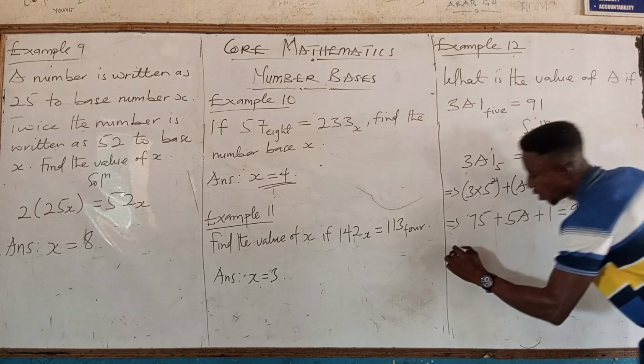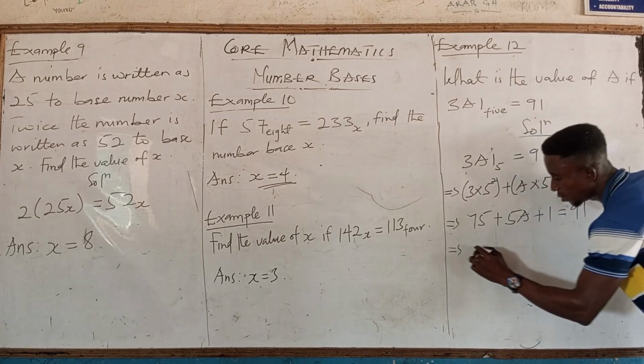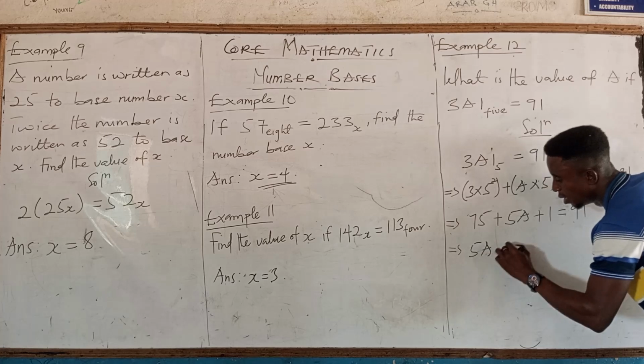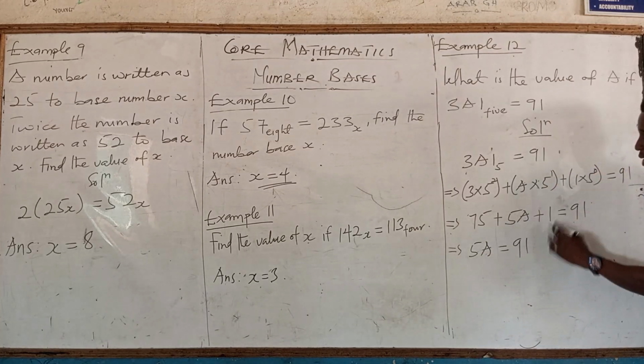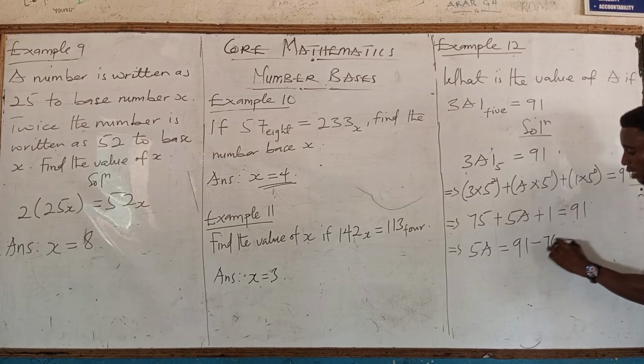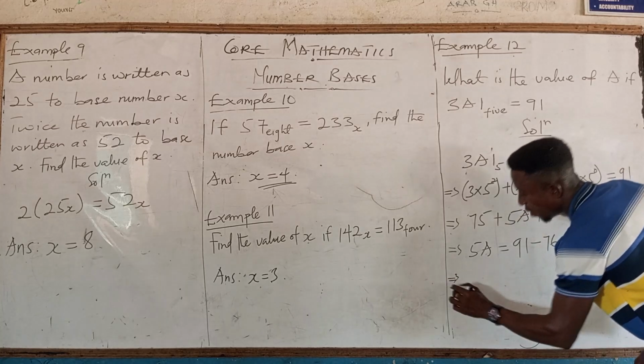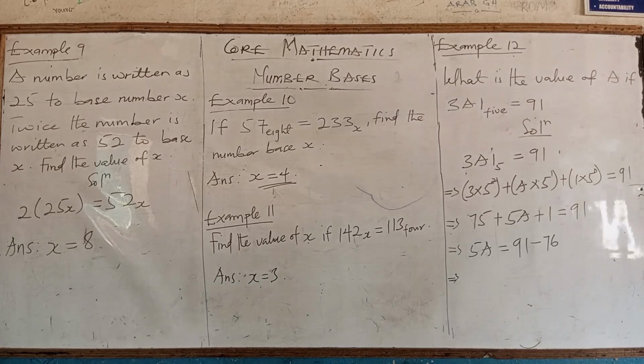91. So solving this one will get us 5A plus 76, which is equal to 91. Then this one will go to be minus 76. So I now have 91 minus 76, and that one is getting me 15.